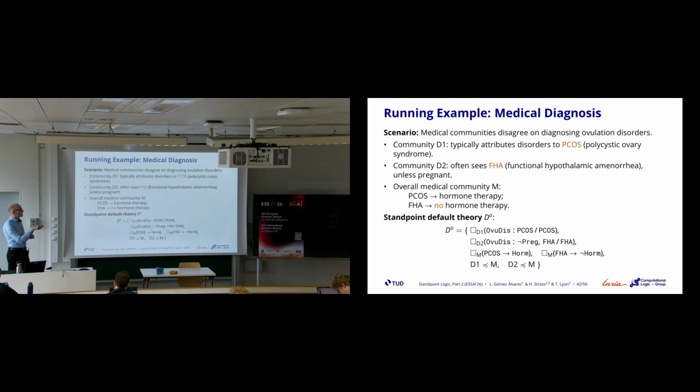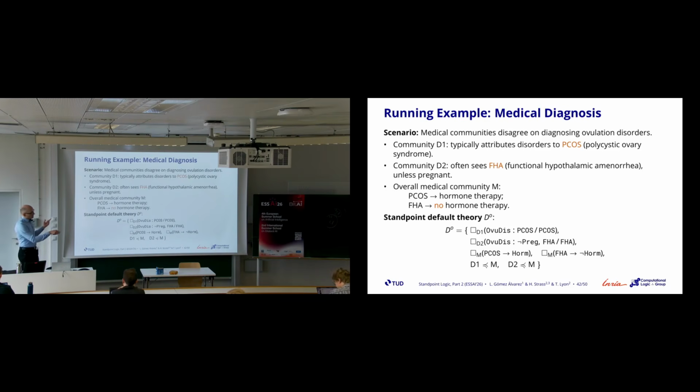that attributes certain ovulation disorders to a condition called PCOS. Another community attributes the same disorders to FHA, unless the patient is pregnant, in which case this diagnosis would not be made in the same way, right? Because then pregnancy explains it.